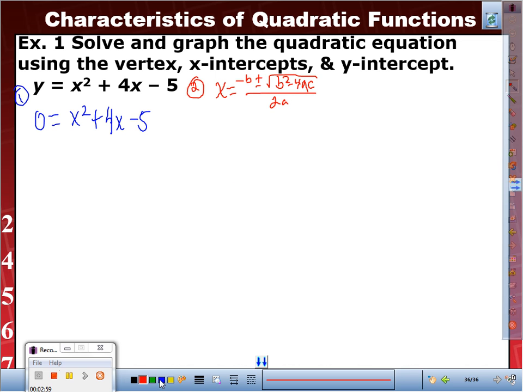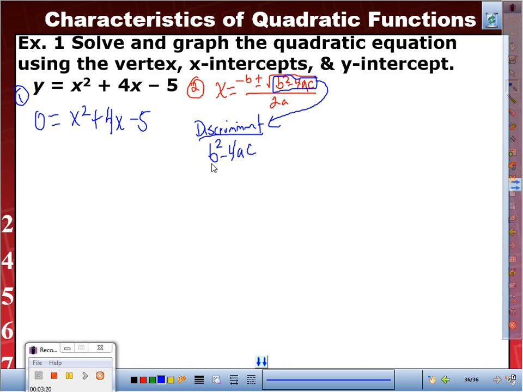So from there, I'm only going to use whatever's inside the square root or the radical, and that's what we call the discriminant. So I'm going to use b squared minus 4ac. So now let's substitute values and find out what we get.